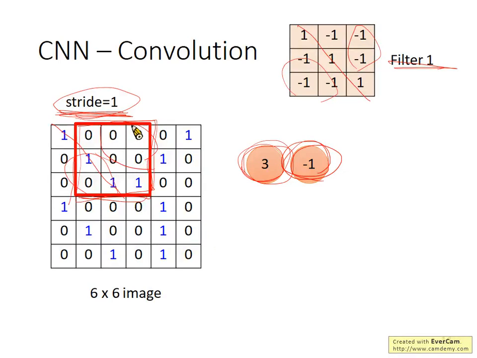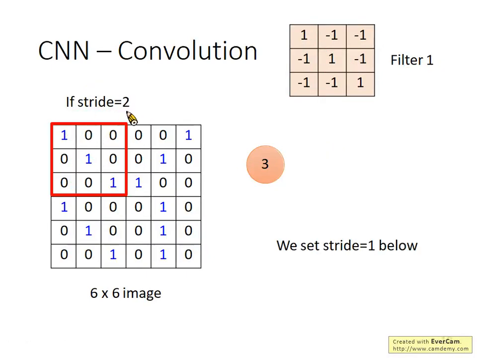This is the case of stride 1. If we set the stride as 2, it works the same way. For the left top corner, we get the value 3, and then we move 2 pixels to the right, and the second output will be -3, because now we multiply the diagonal pixels by 1, and the pixels off the diagonal are multiplied by -1, and finally we get -3.